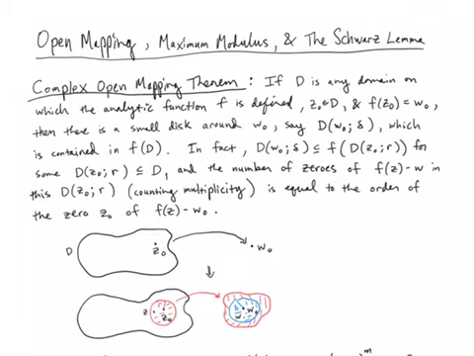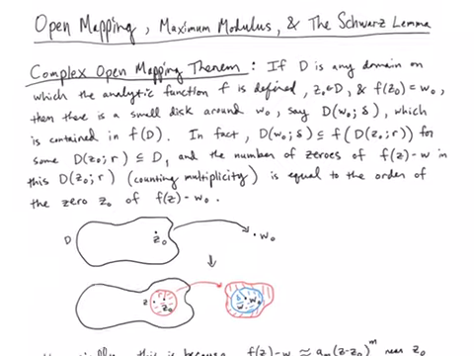So basically, you have the same number of solutions to f of z equals w as to f of z equals w naught if you constrain yourself to look at appropriately small neighborhoods of z naught and w naught.